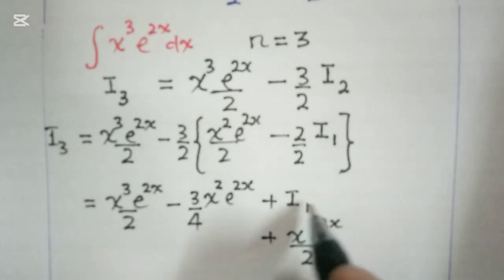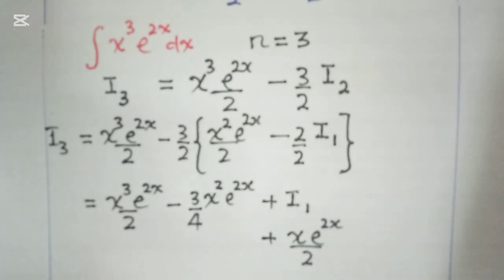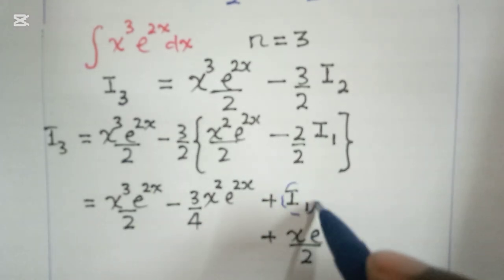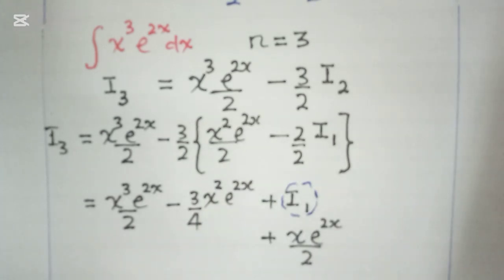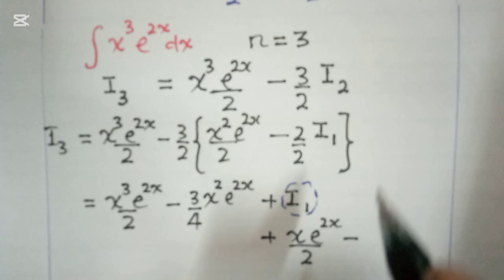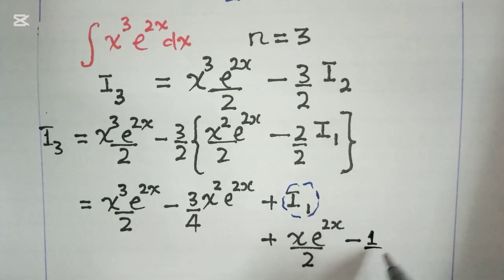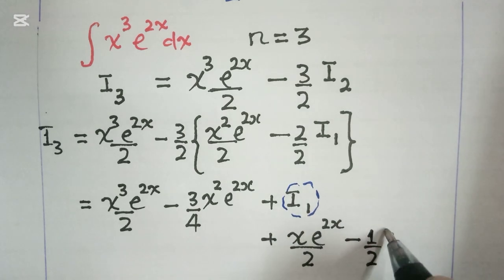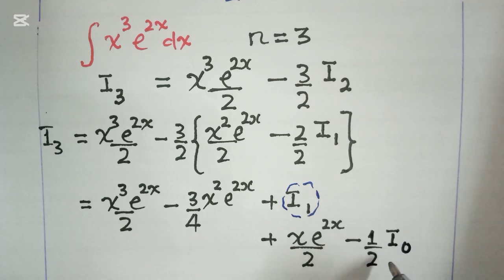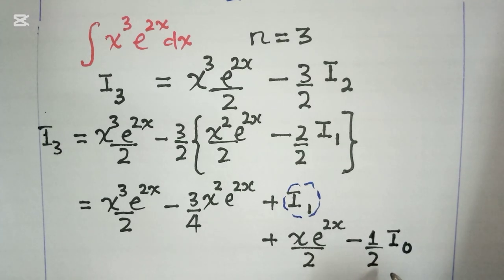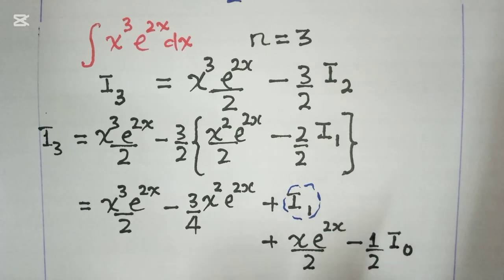Remember, we are dealing with I1. This is what we are dealing with, guys. So now from there we shall have minus, the n is going to be now 1 all over 2, and then we are going to have I0, because now it's going to be 1 minus 1, which now gives us I0.